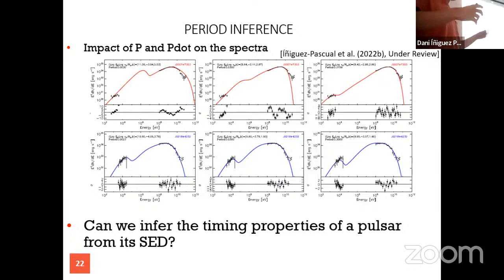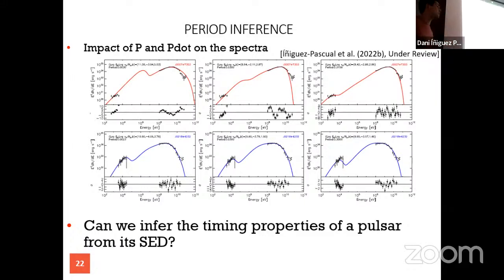It means that if we do the exercise of not considering the period of a pulsar, and we do a spectral fitting for 3 different values of the period, we are able to say which is the real period. So if we look at these 3 results, we would say that the real period is this one, or at least it is close to this period, because the fitting is quite a bit better in these two cases.